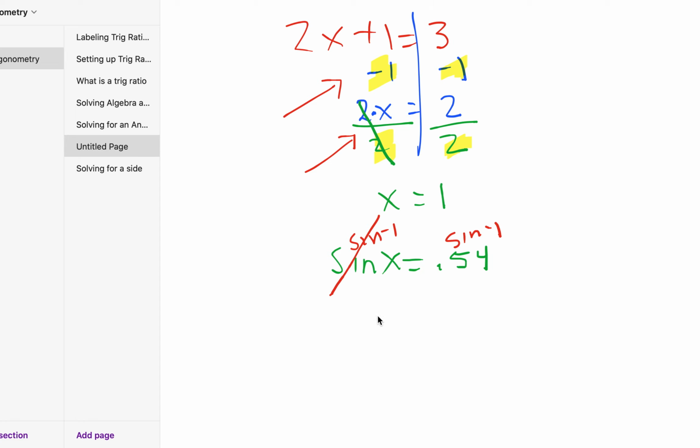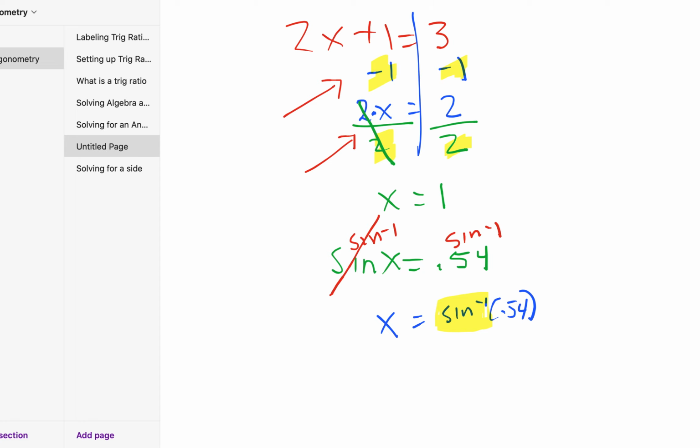So we've gotten x alone, and we have sine to the negative 1 and the number 0.54. So this is what we would enter into the calculator, exactly the way it's written. X is now by itself, which is our goal. We would push the inverse sine button. So we would push 0.54 in the calculator, and then the second button, and then inverse sine.